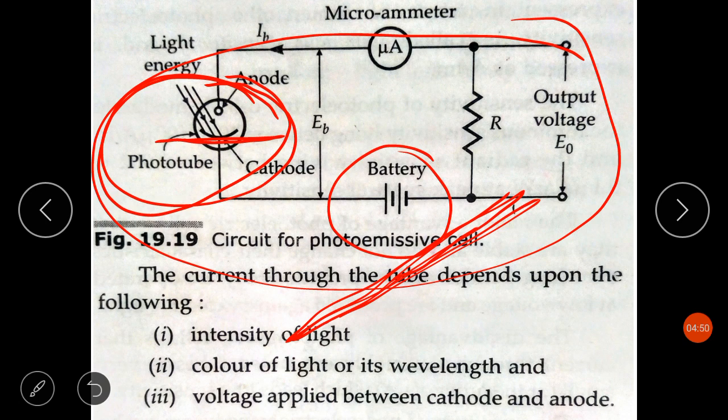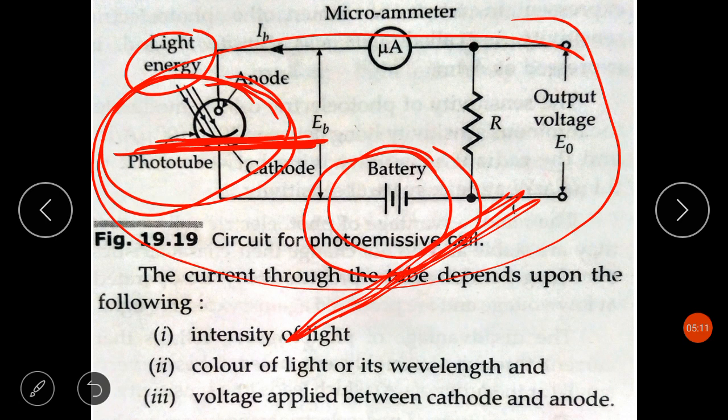Again, I am repeating what happens. The electrons are emitted at the cathode because of the light energy striking it. Now if we increase the voltage, these electrons get accelerated.